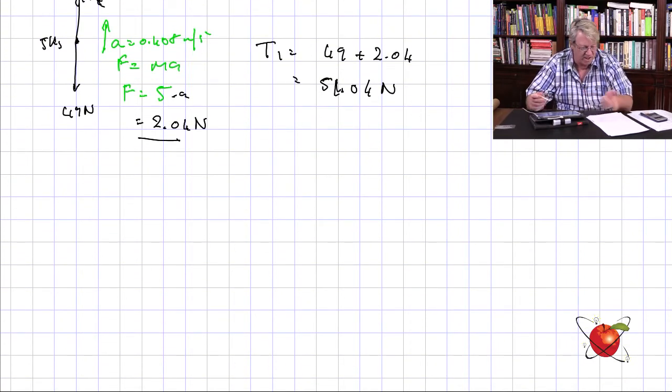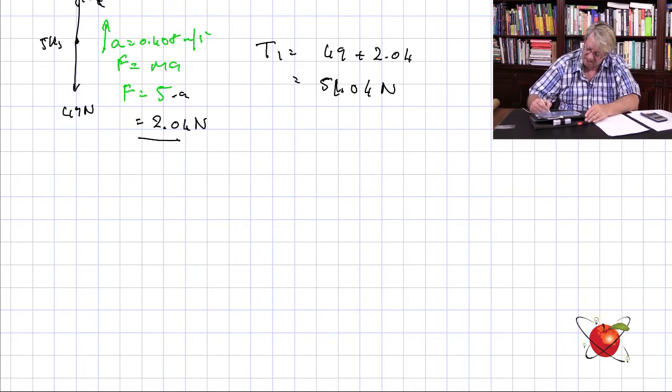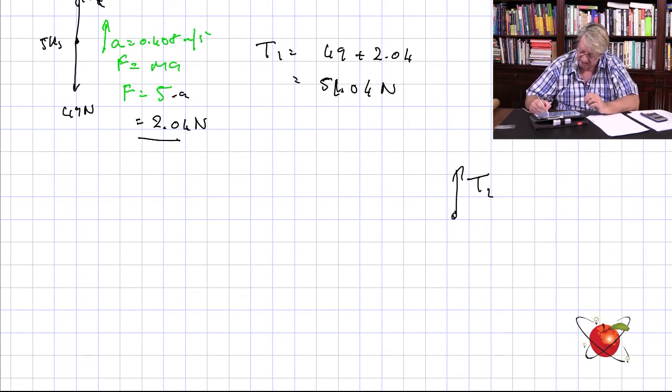Now I say go to the opposite side, and I say, okay, hang on, let me draw it. I'm going to call this T2, and I've got a 10 kilogram mass here. Therefore, FW is going to be 98 newtons. Now, hold on.